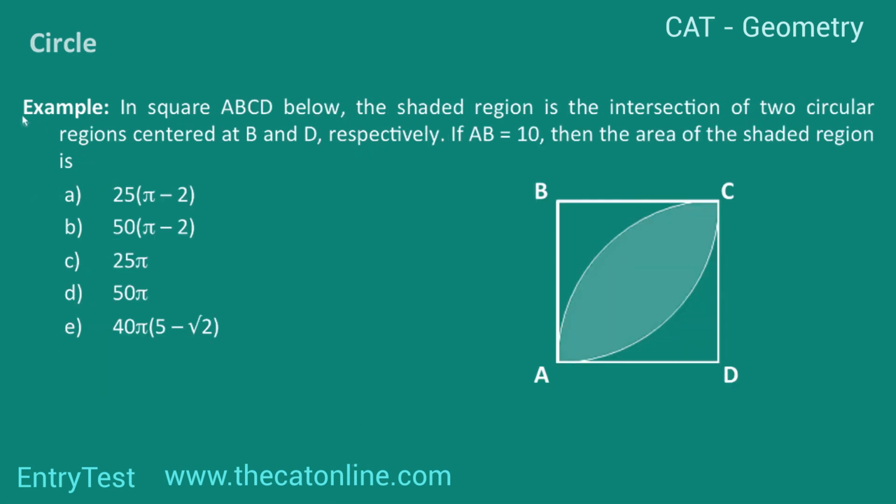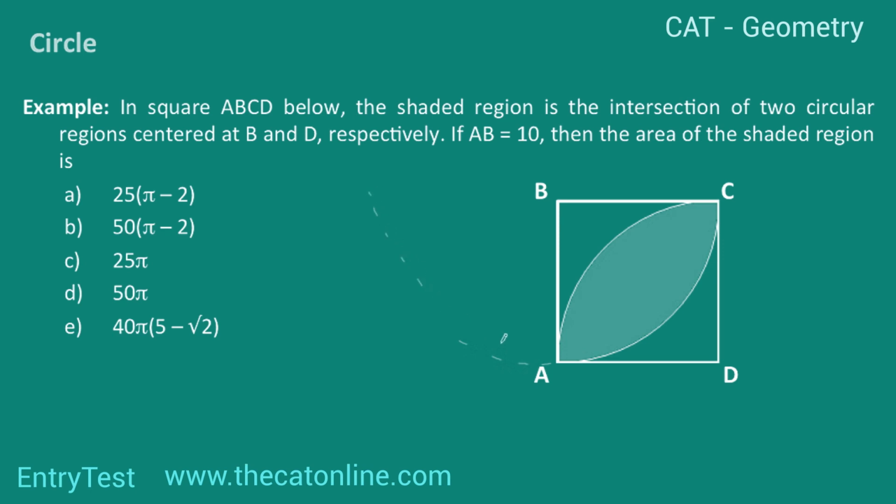Moving ahead, we'll look at the question which says square ABCD is given below. The shaded region is the intersection of 2 circular regions centered at B and D. So at B, you have a circular region which goes something like this.